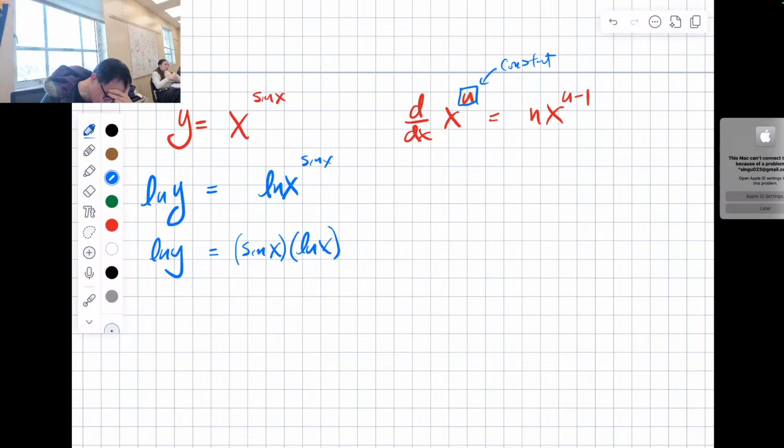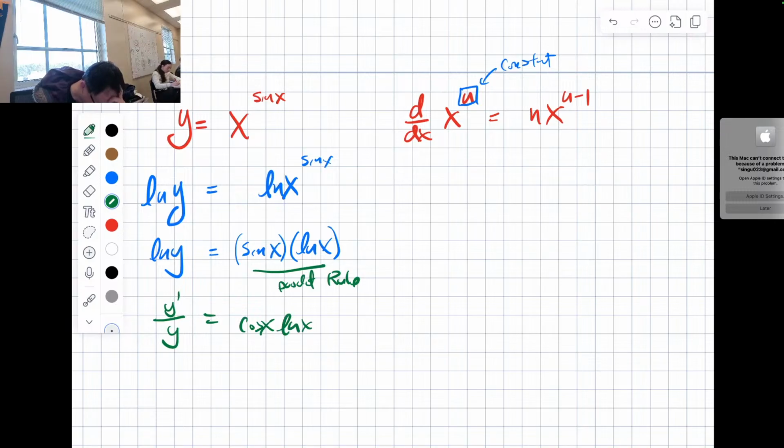If I were to take a derivative, I'm going to get y prime over y. Do not forget that part. Did you guys forget that part? No. And then this is going to be product rule, right? So product rule is going to apply. It'll be cosine of x, ln of x, plus sine of x times 1 over x.